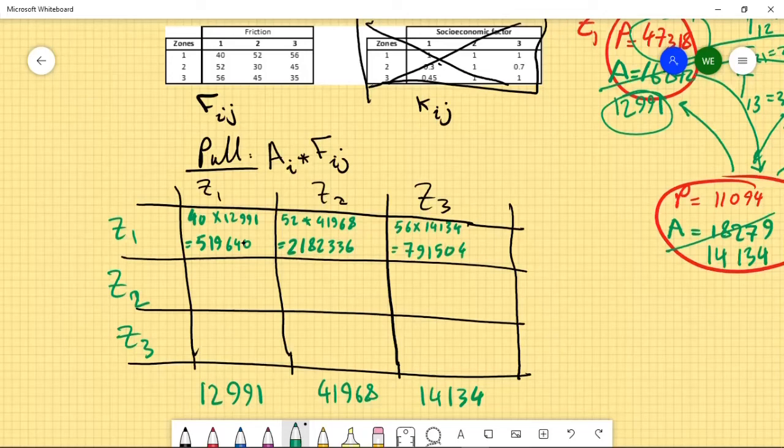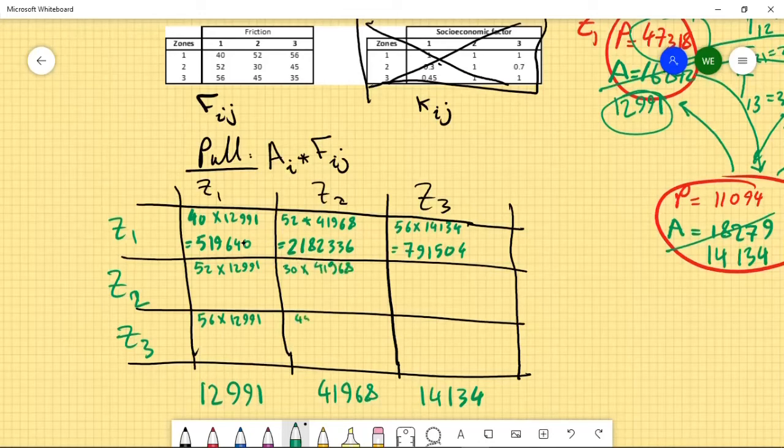So here will be 52 multiply 12991, and here 56 multiply 12991. Here will be 30 multiply 41,968.